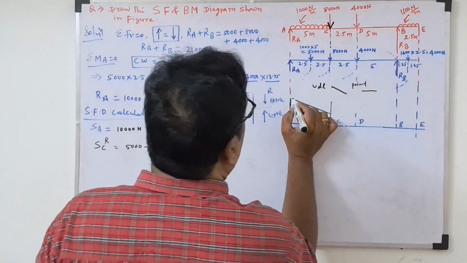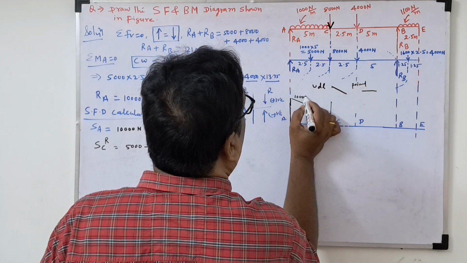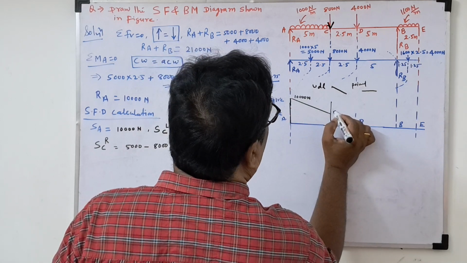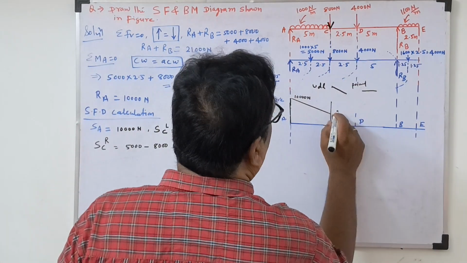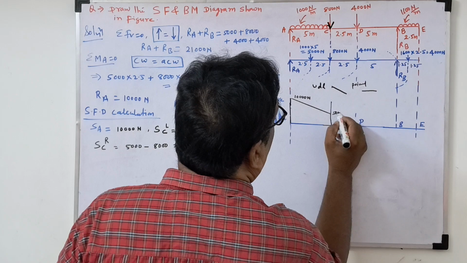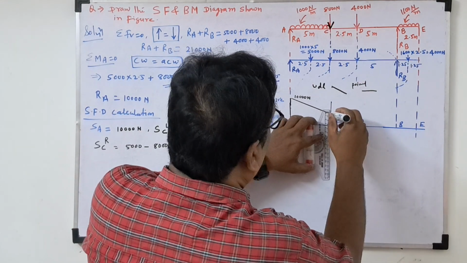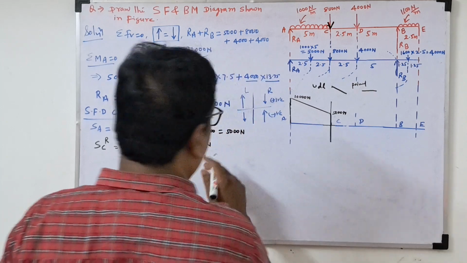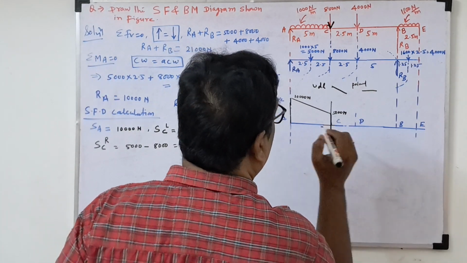So how much do we have? 10,000 Newton, but at this place it is 5000. SCL, how much? 5000 Newton. But due to the point load, minus 3000. So here minus 3000 at point C.